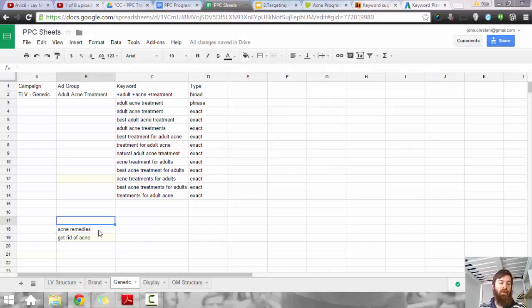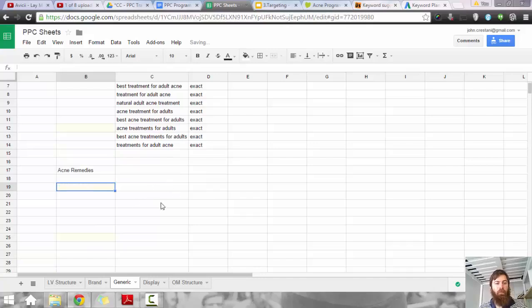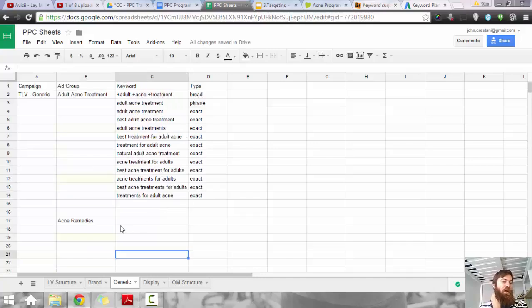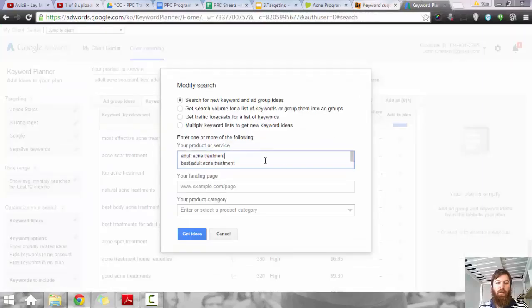Let's do an acne remedies group. I'm going to leave 2 spaces in between here, and I'm going to do acne remedies. So I'm going to get rid of all these acne remedies.